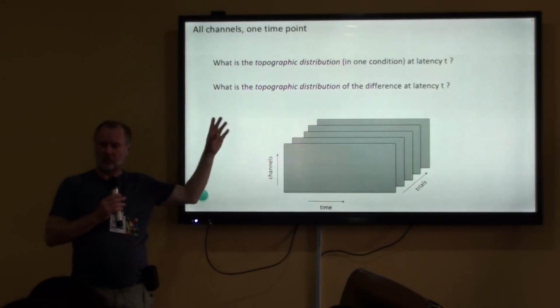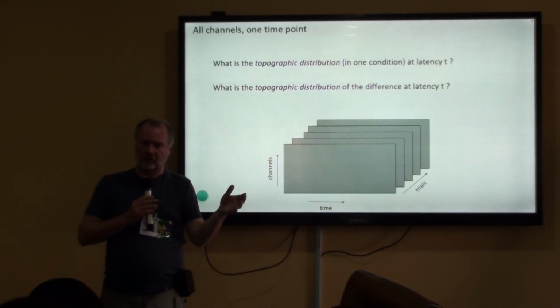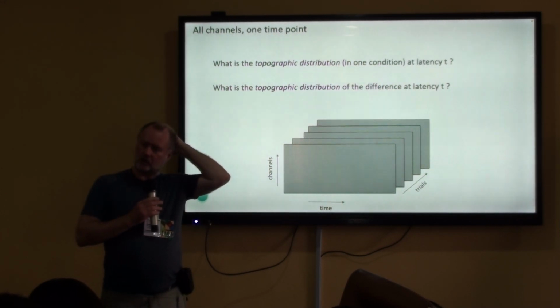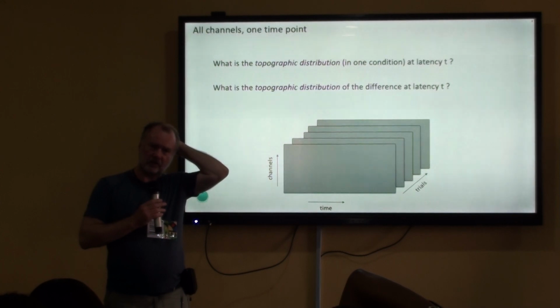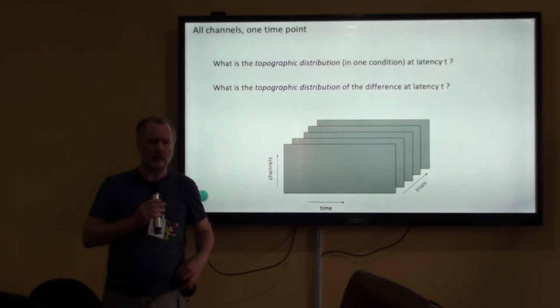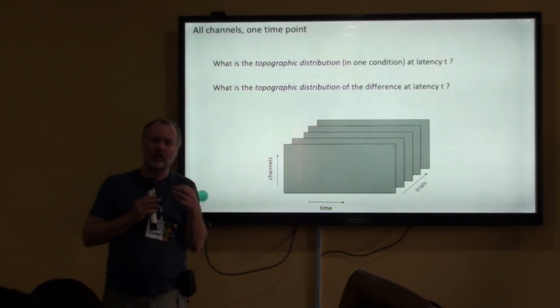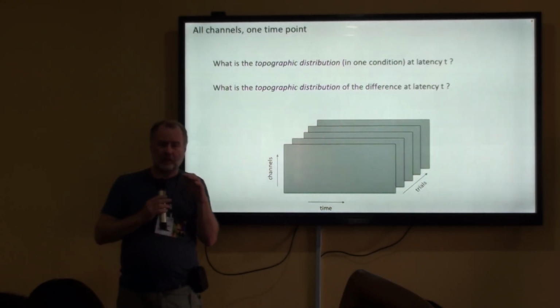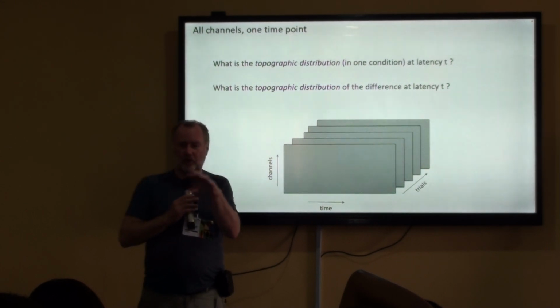And that's, for example, what we see with faces, which are processed here, versus houses, which are processed here. There is a subtle difference 170 milliseconds after stimulus presentation, and that difference can be localized to the fusiform face area, a specific area related to face processing. And by the way, we're not only studying ERPs, we're also studying other things.